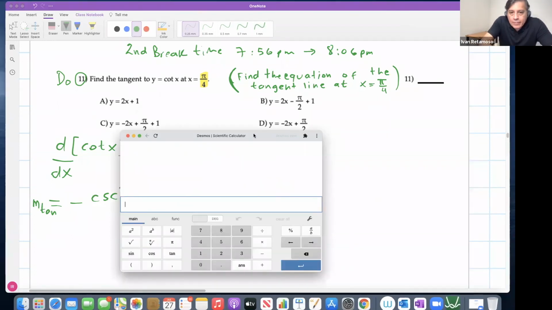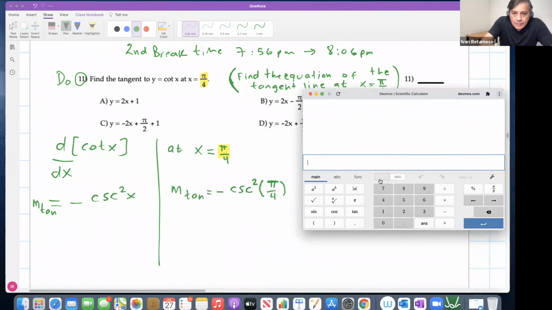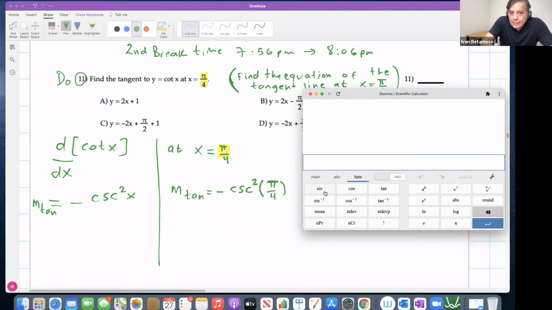If you bring out your scientific calculator, or the decimal scientific calculator, what is this guy? Remember, cosecant is not there. There is sine, cosine, and tangent. So this guy must be computed as 1 over sine squared.